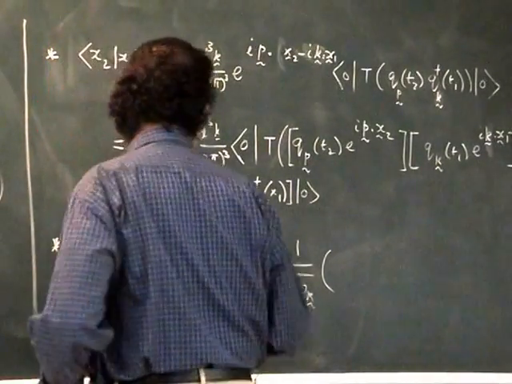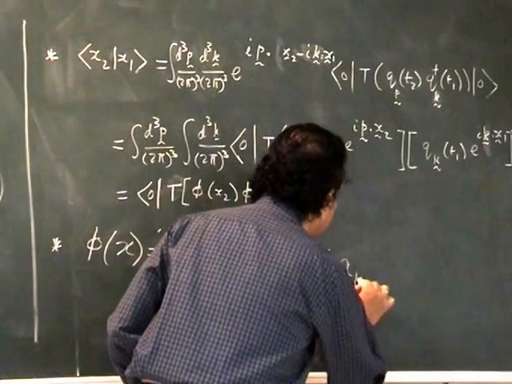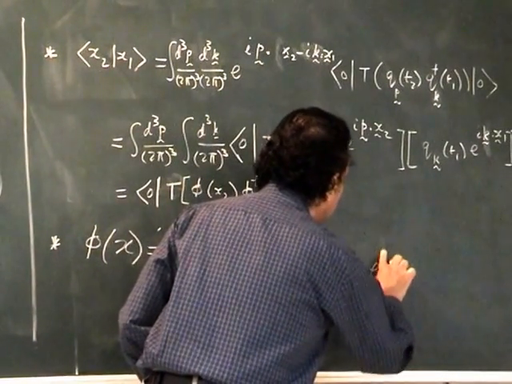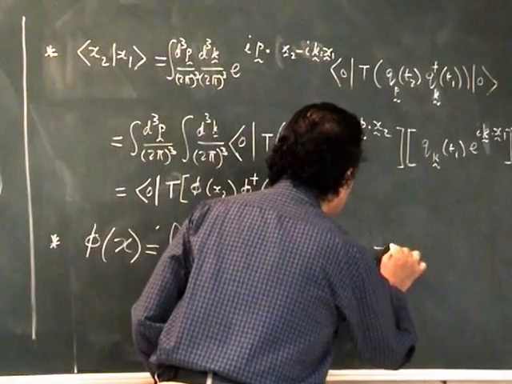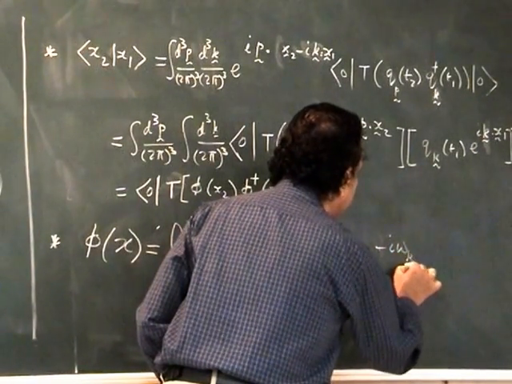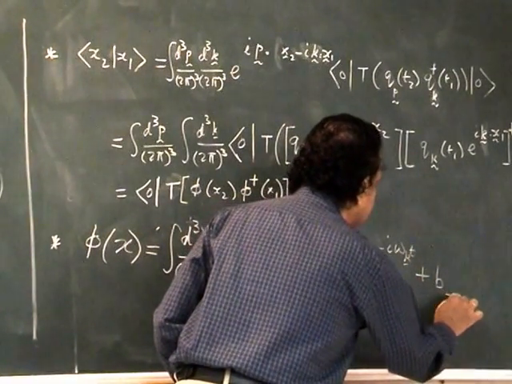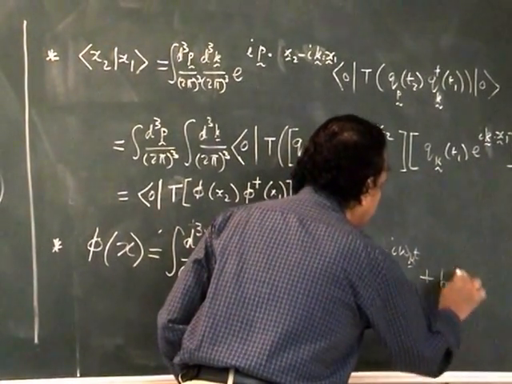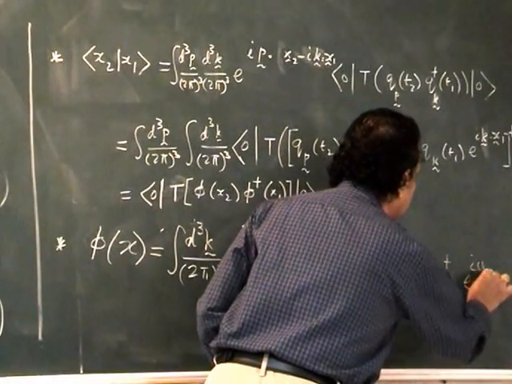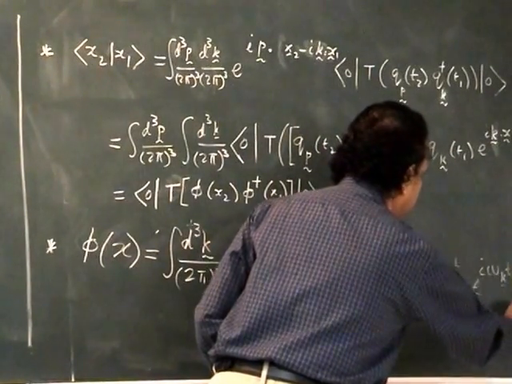Instead of alpha and beta, I will call it A_k: A_k e^{-iω_k t} plus B_{-k} dagger e^{iω_k t}.